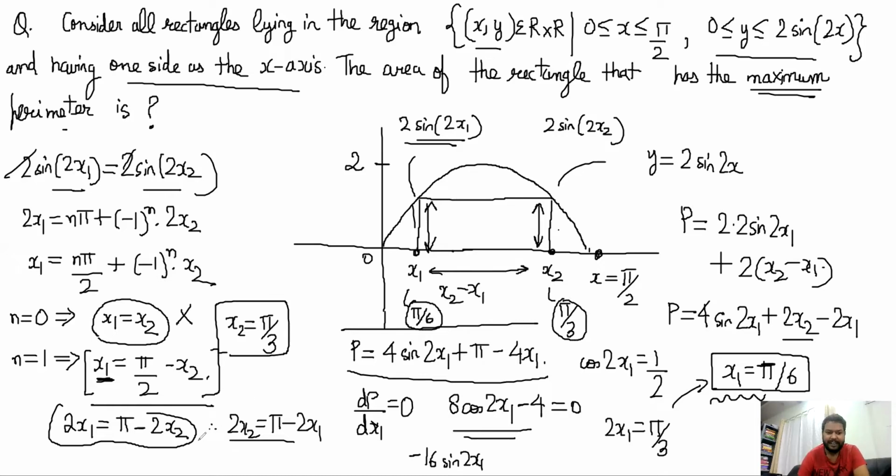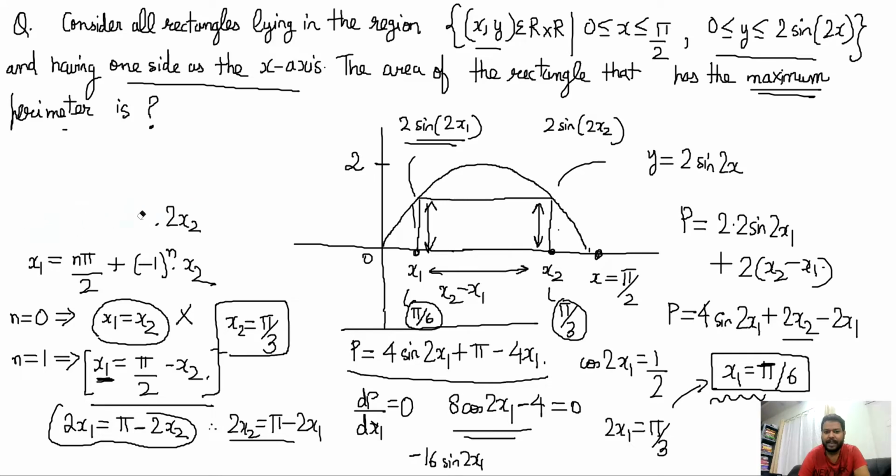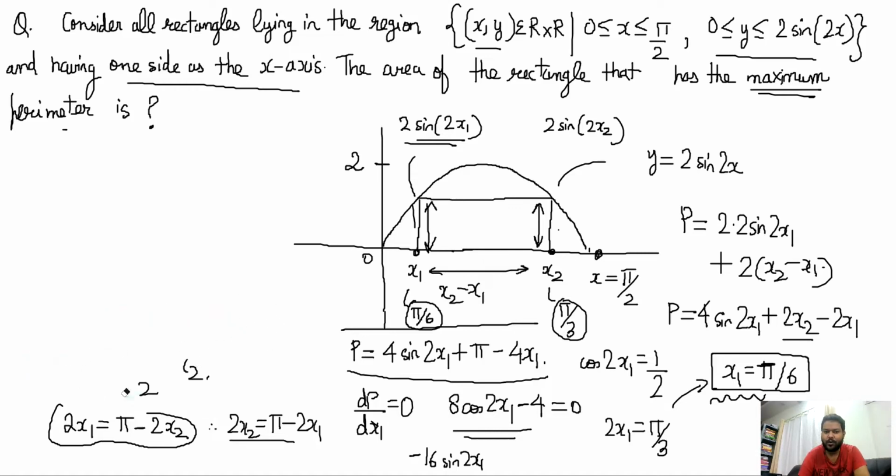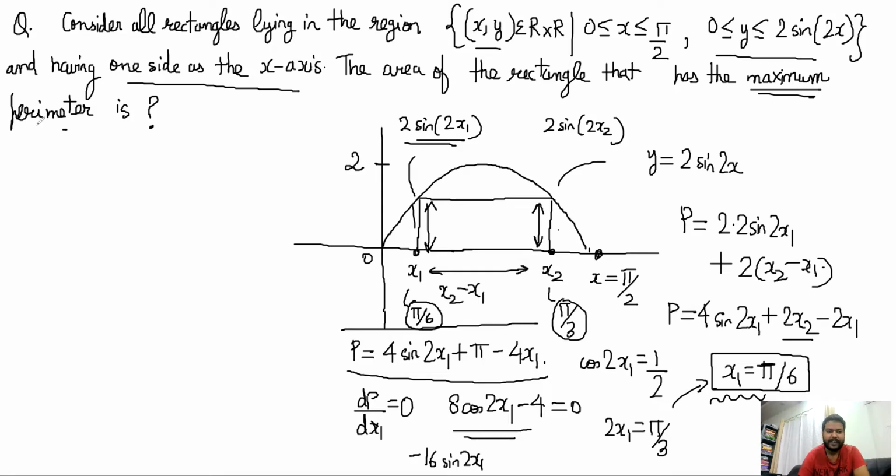So that is very easy. I'll just rub off some space here to find the area. The length of one of the sides becomes pi by 3 minus pi by 6, so that is equal to pi by 6. And the height will become 2 sine 2x1, where x1 is pi by 6.